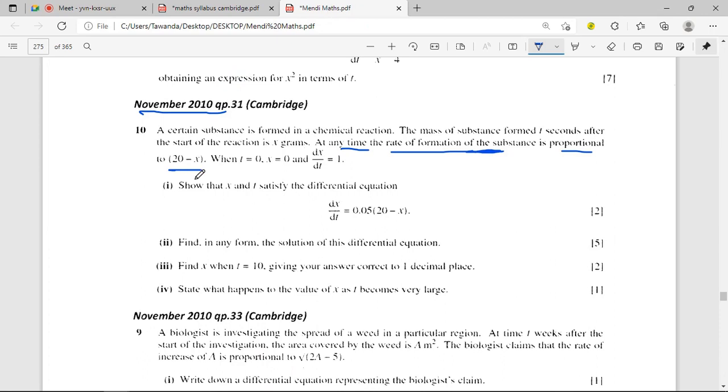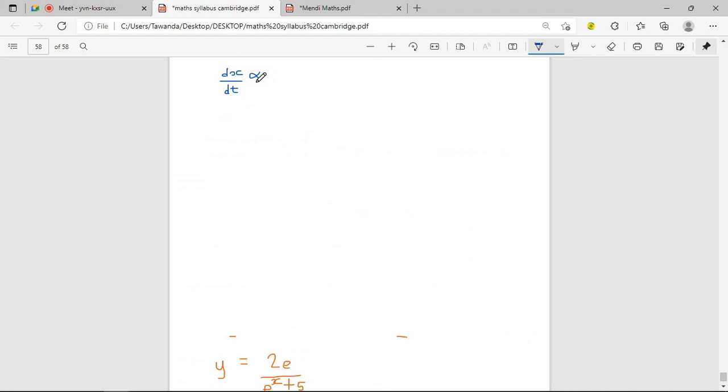They are saying the substance formed is x. So the rate of formation is dx over dt. This one is your proportional sign. It is proportional to 20 minus x.